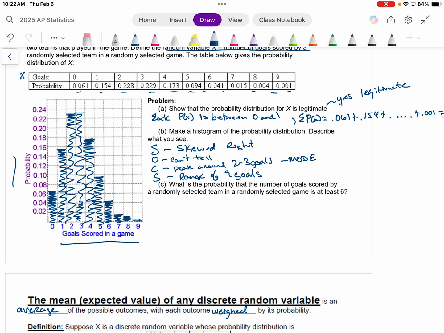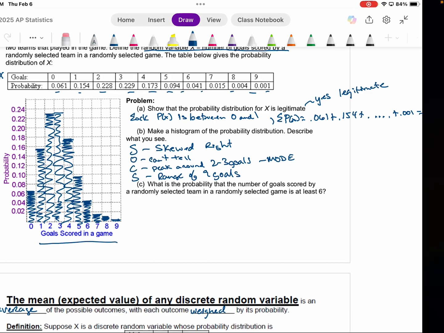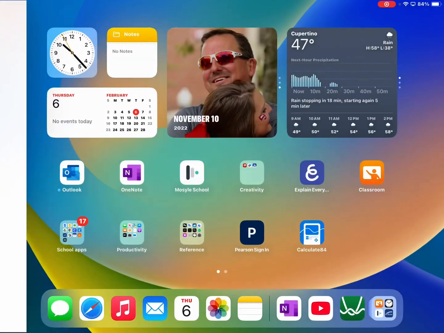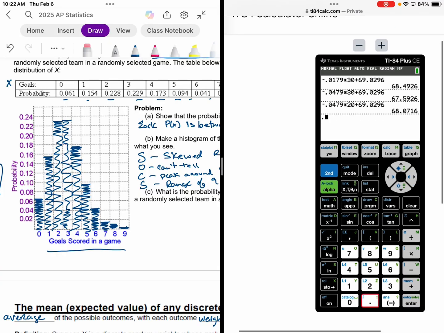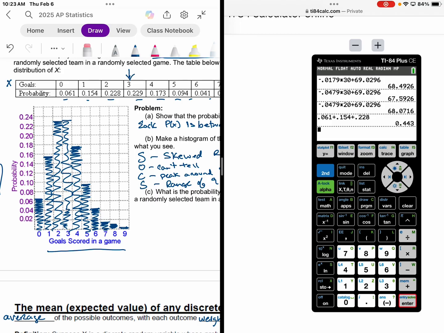If I take 0.061 plus 0.154 plus 0.228, I add those together, I get 44%. So that tells me somewhere in 3 goals is where my median is going to be. Because what does the median have to the left and right of it? What percent of the data?